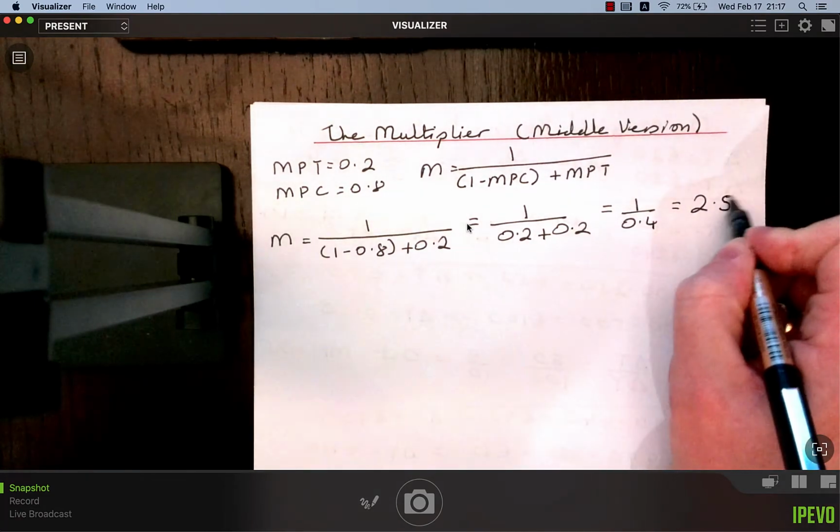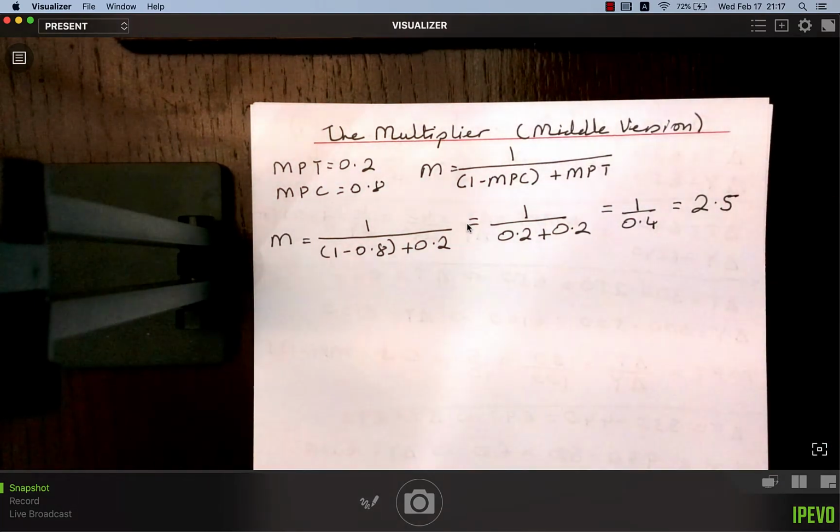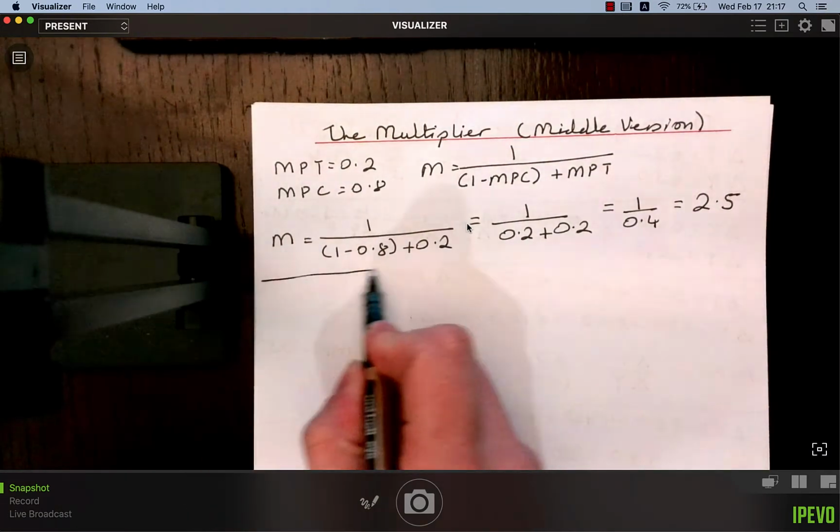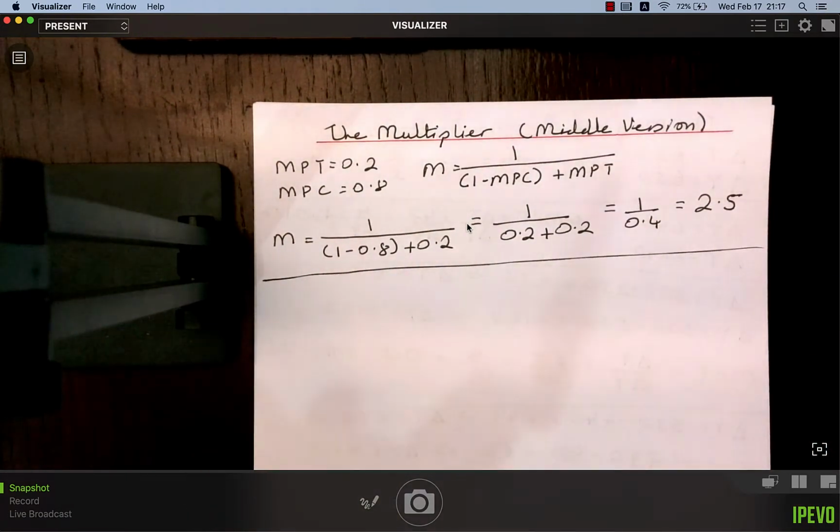So the multiplier in this economy is 2.5. So if total injections increased by 100 billion, well then national income would rise by 250 billion.